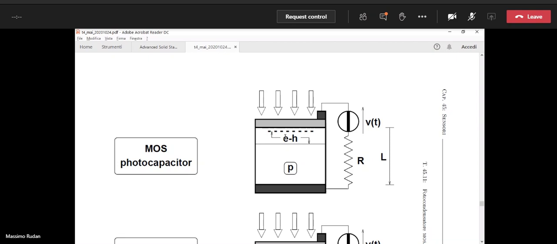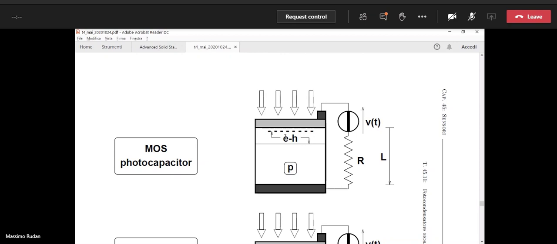Because the lifetimes of the thermal generation term are so long that it takes a time that is much, much longer to form the inversion layer in the semiconductor. Remember, we are discussing a case in which there is no light, simply thermal generations, okay?